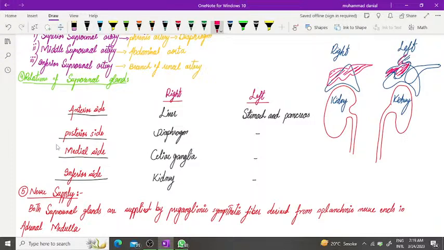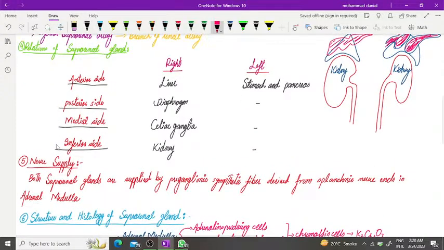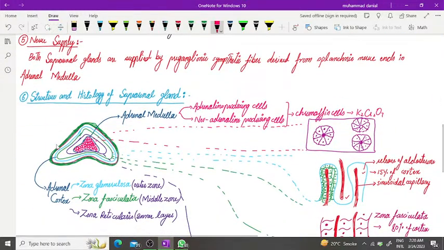Stomach and pancreas in case of left suprarenal gland. Okay. Now then, nerve supply. Both suprarenal glands are supplied by preganglionic sympathetic fibers derived from splanchnic nerve that end in the adrenal medulla. Structure and histology of a suprarenal gland.